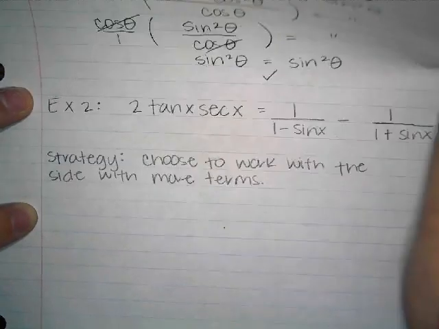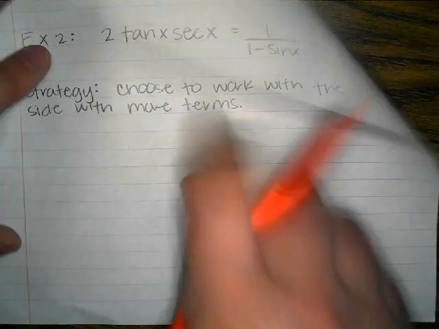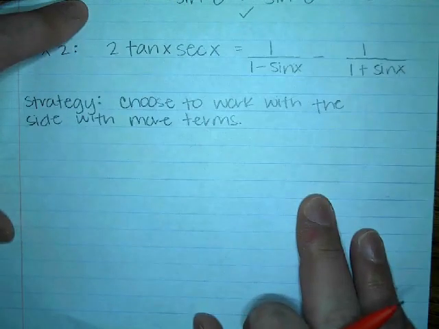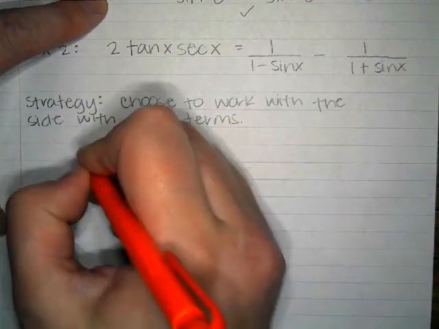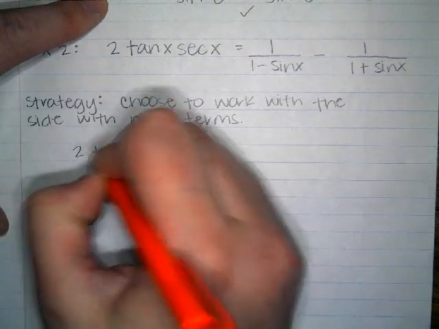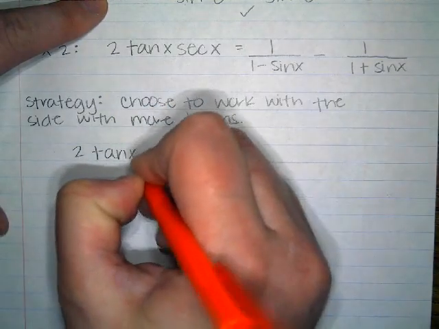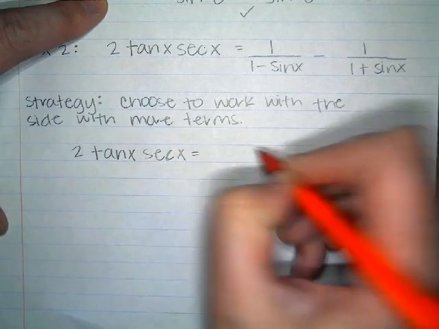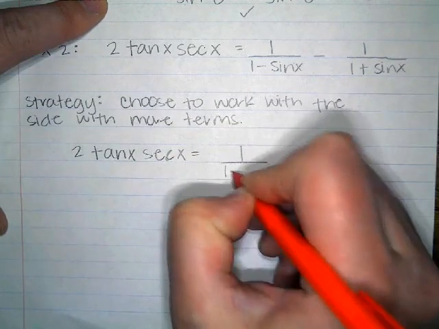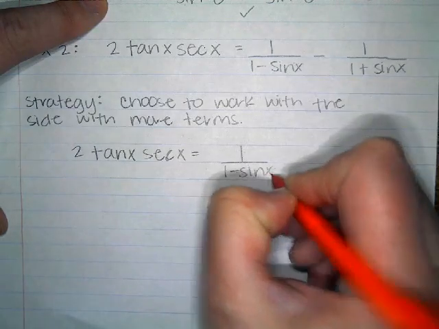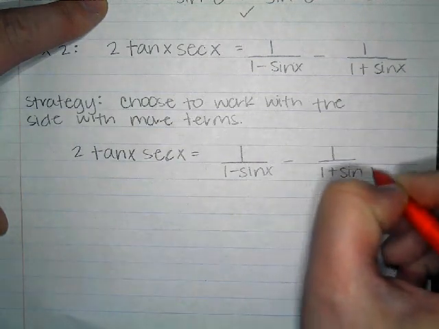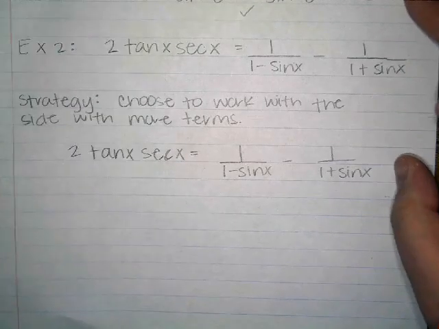So I'm going to write the left side, 2 tan x secant x, and then the right side, 1 over 1 minus sine x minus 1 over 1 plus sine x. Okay? And so what is my first step? Get a common denominator, right?